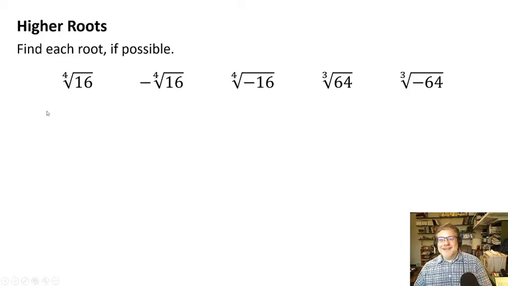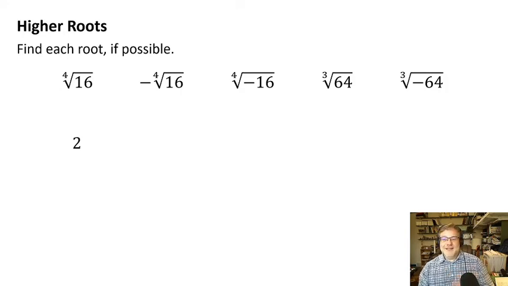So let's find each root if possible as we go across here. You can see there are negative signs in different locations. There are even roots, odd roots. Let's see if we can figure this out. The fourth root of 16. What number times itself times itself times itself is positive 16? The answer is 2.